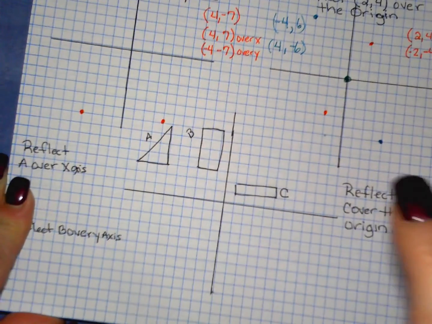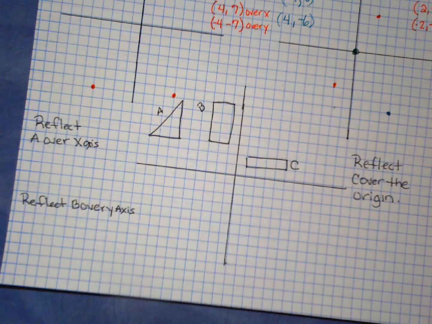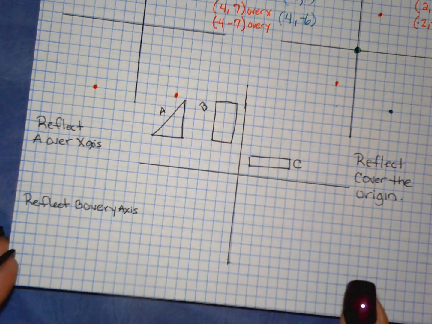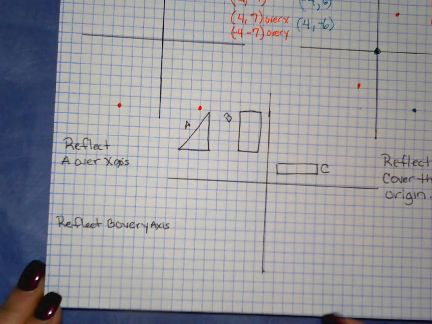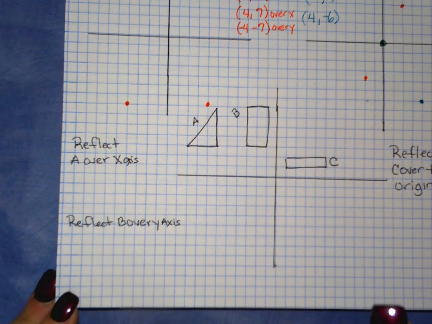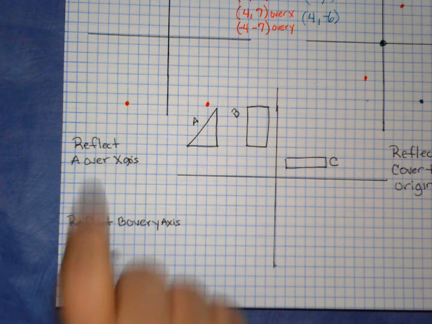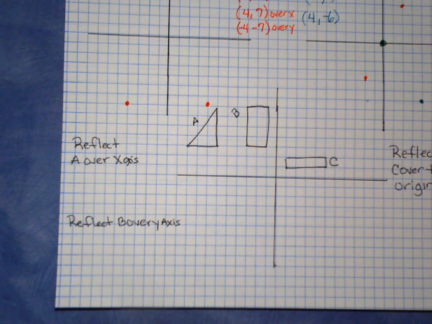All right. Now we're going to get into this guy. So in addition to points, we can also reflect shapes. So we can reflect shapes over the axes or over the origin. So first, let's take a look at A. In our directions right here, it says reflect A over the x-axis.